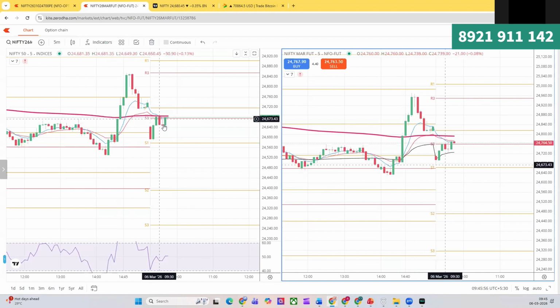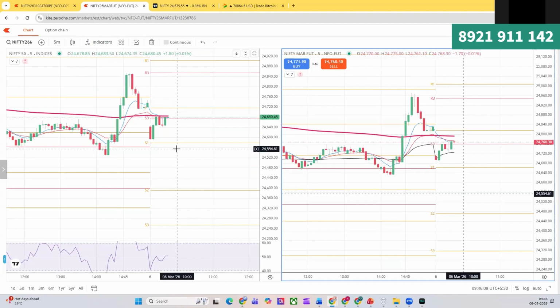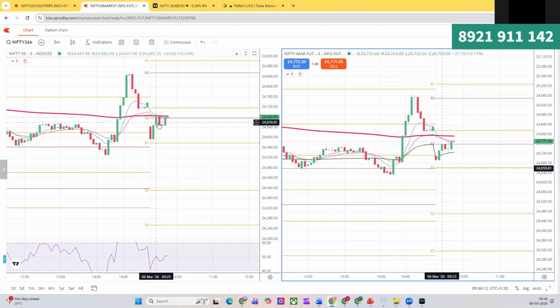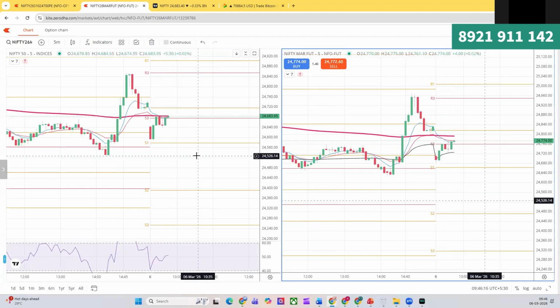Yeah, after getting these two candles, they should have given a day's low, but did not. That shows some kind of strength and buying. Otherwise, these two candles are enough as a good trigger to go on the downside.